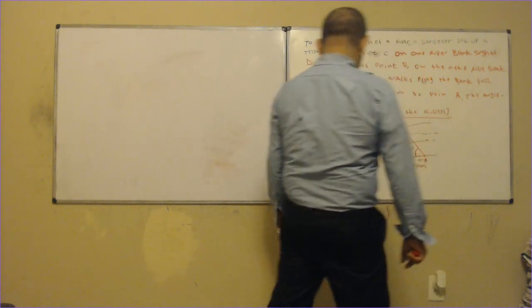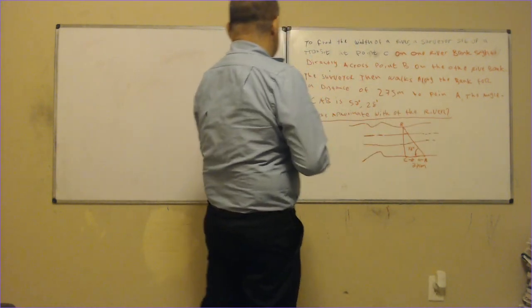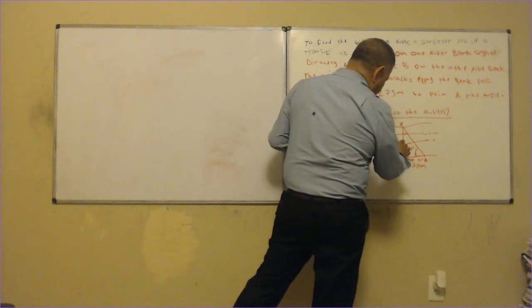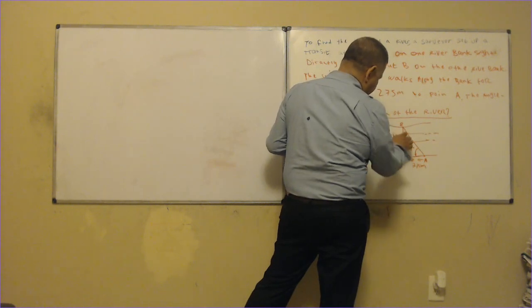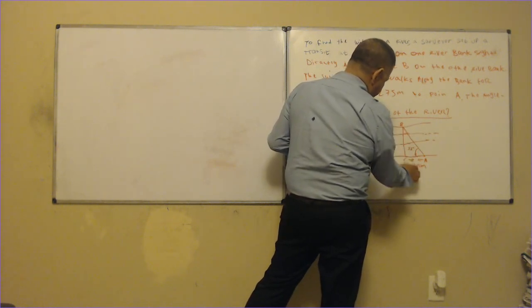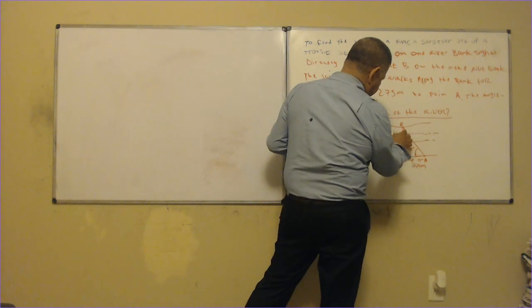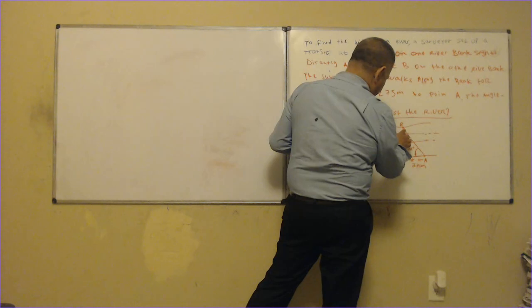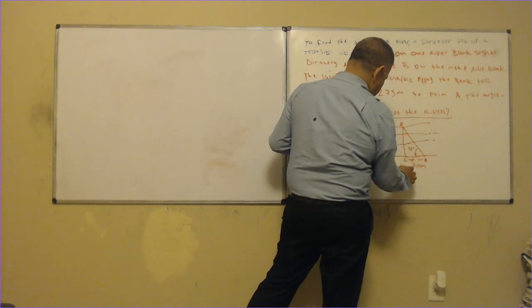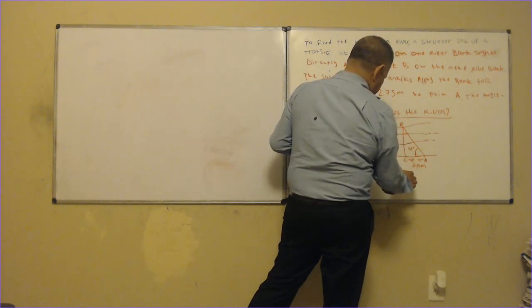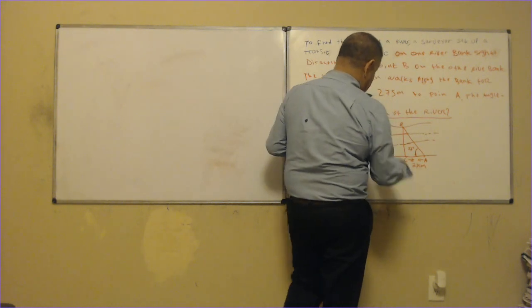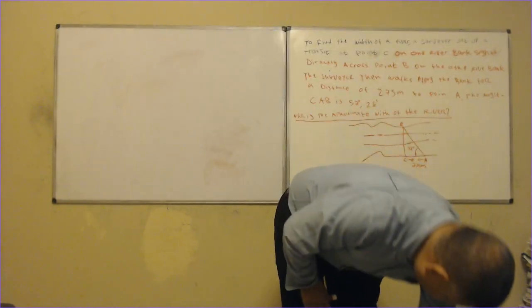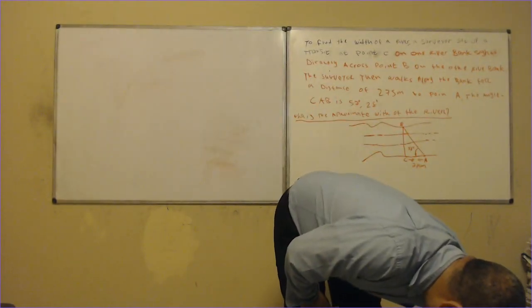Now, I can do two things. I don't have anything on this side, but I have something on this side. I use one of the tools that we learned in trig.